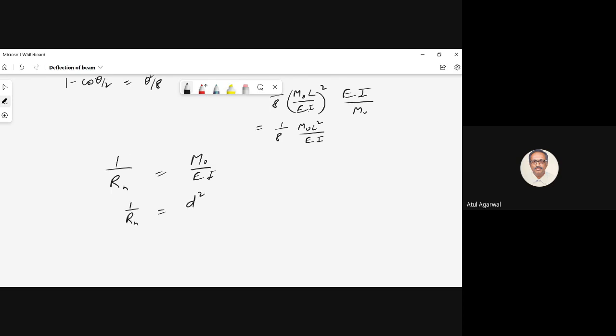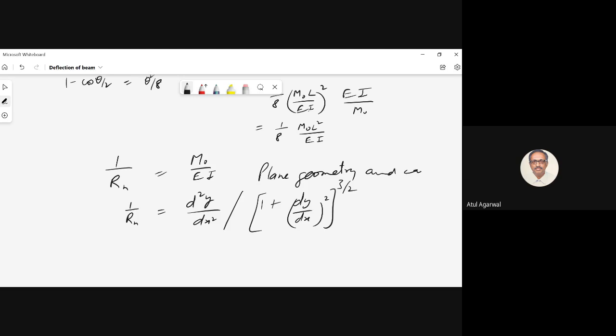This is equal to d square y by dx square divided by 1 plus dy by dx whole square to the power 3 by 2. This is a result you can get from plane geometry and calculus.